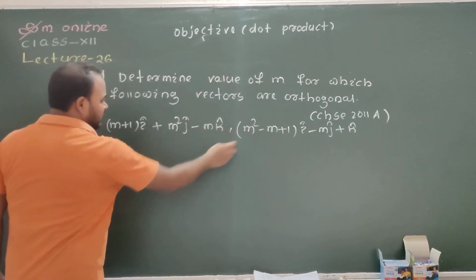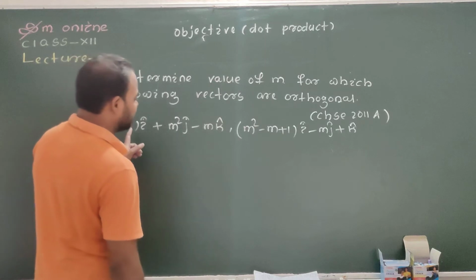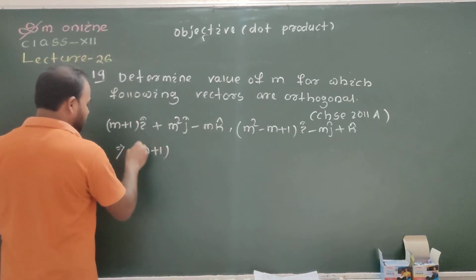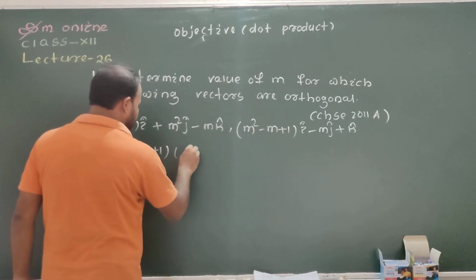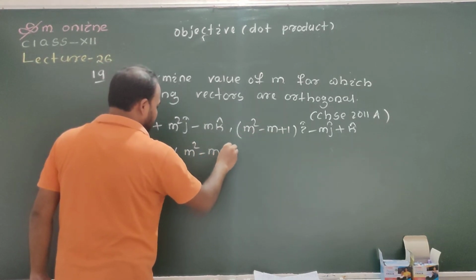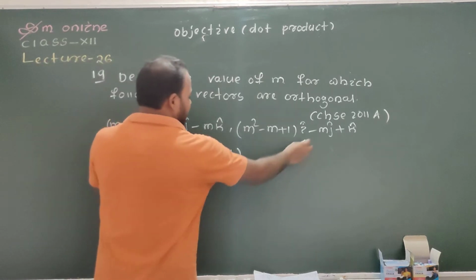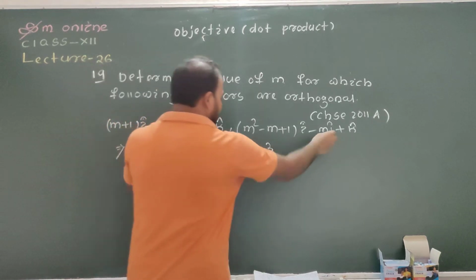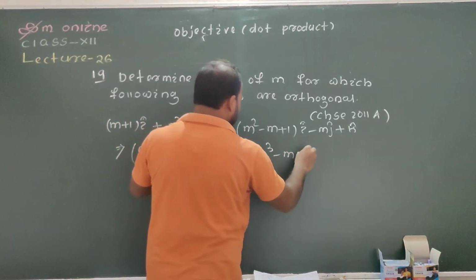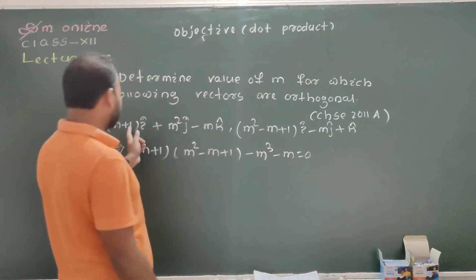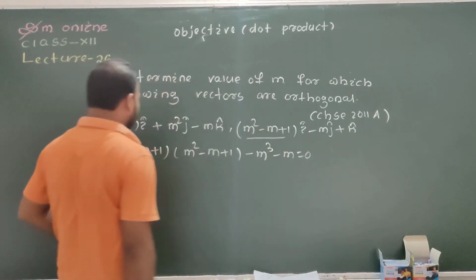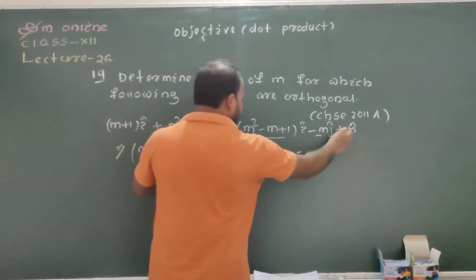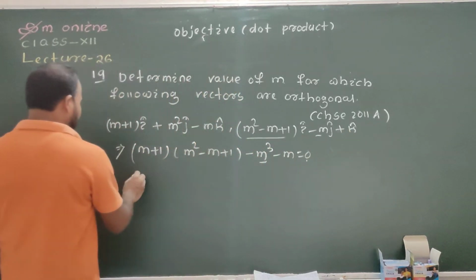So m plus 1 into m square minus m plus 1, and m square into minus m, that is minus m cube, and minus m into 1, that is minus m, equal to 0.